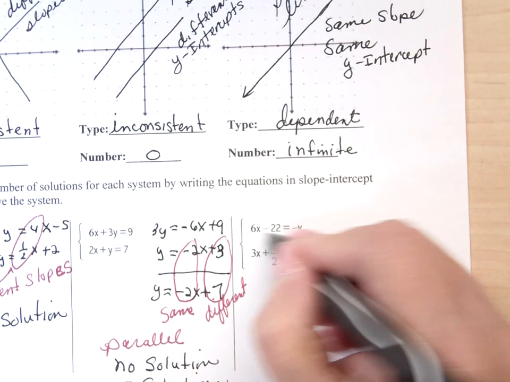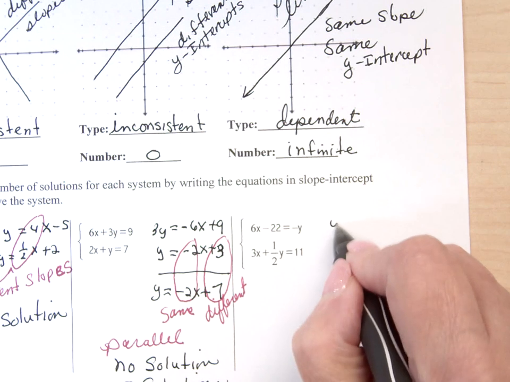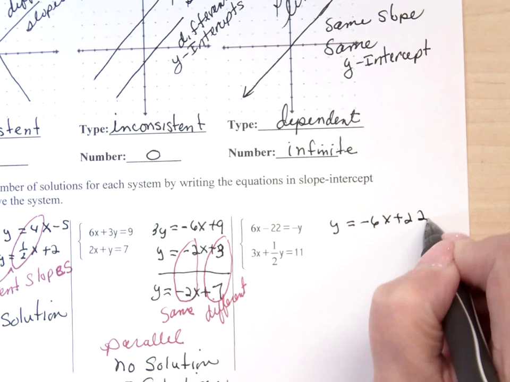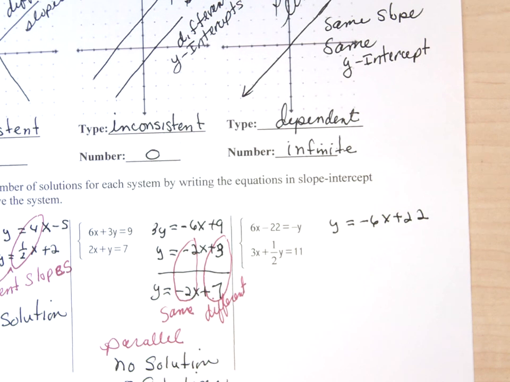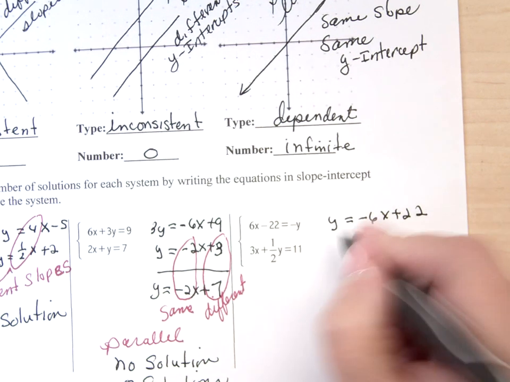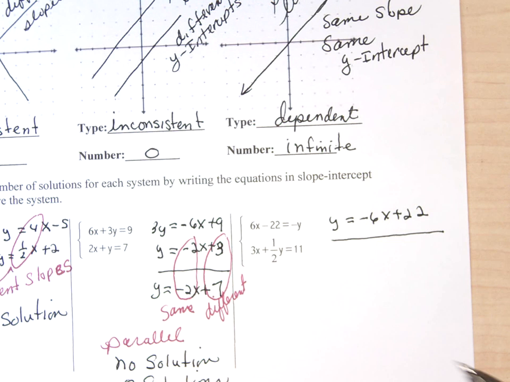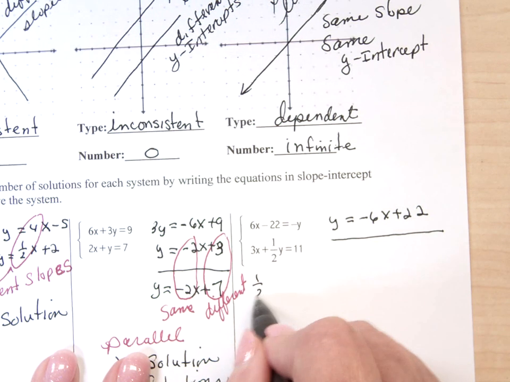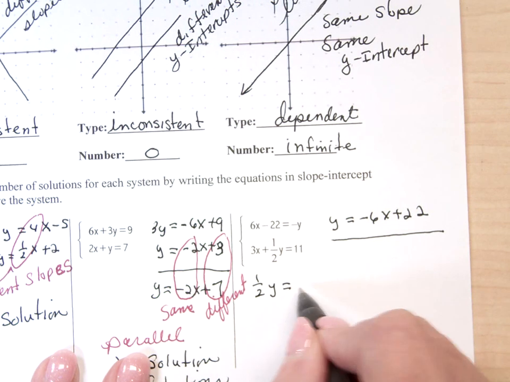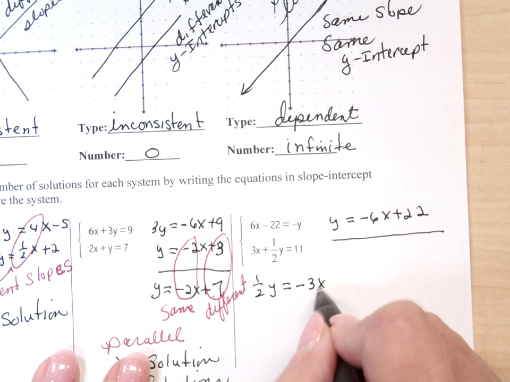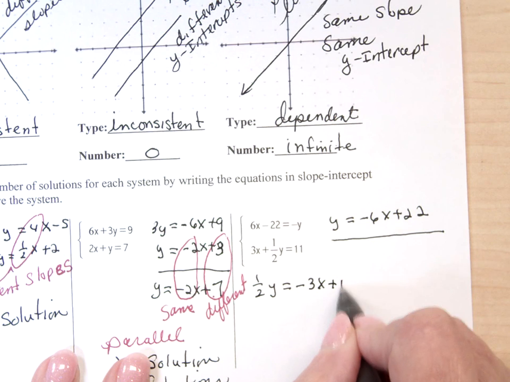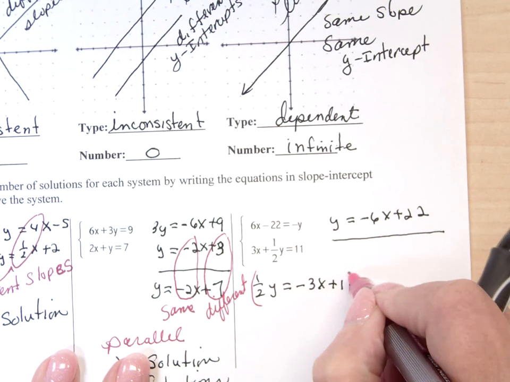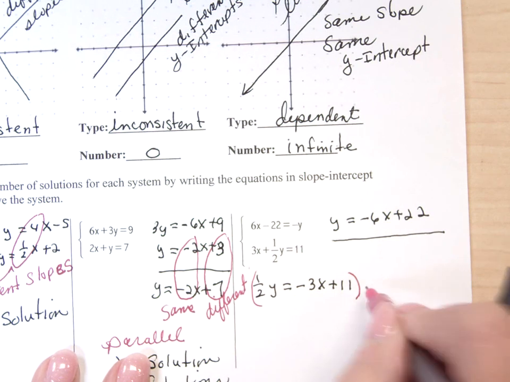And multiply through by negative 1, and you get y equals negative 6x plus 22. So that's your top guy. The bottom guy would say that 1/2 y equals negative 3x plus 11. Solve for y, that means multiply everybody by 2.